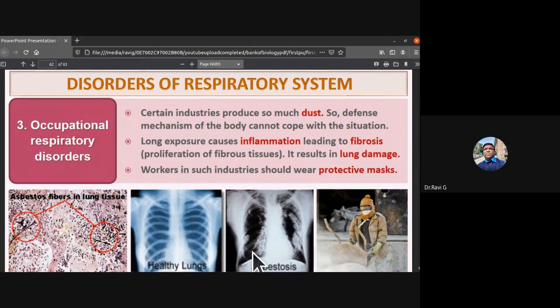You can see healthy lungs and lungs with asbestosis. The long exposure causes inflammation leading to fibrosis.